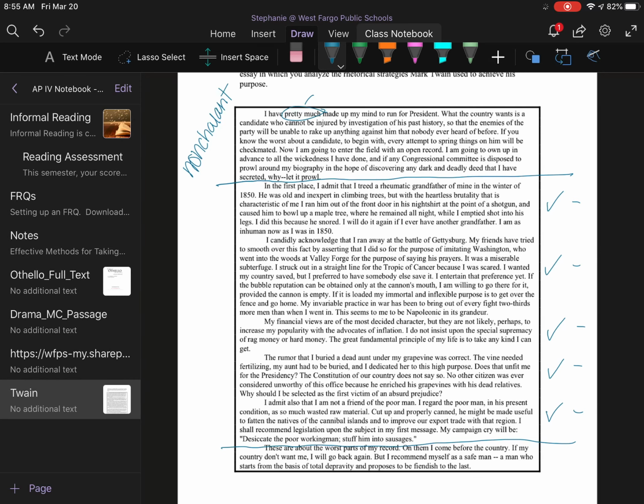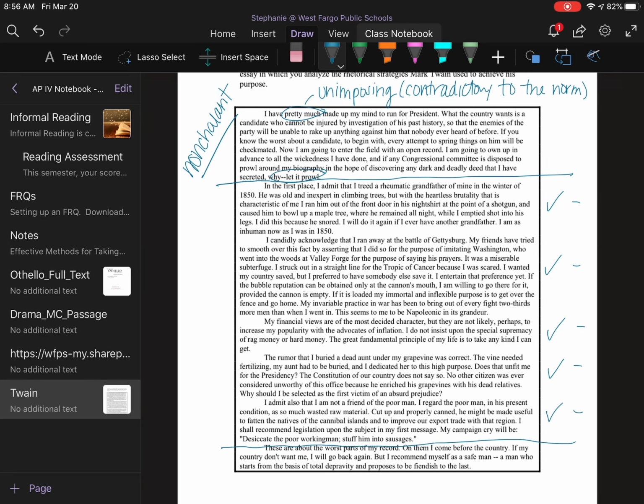So it's a very straightforward, unimposing way of announcing something like a presidential candidacy, which is contradictory to the norm, in that we know if someone says they're running for president, they don't usually say, well, I'm pretty much going to run for president, okay? So if I was going to analyze the use of nonchalant tone in this section, I would definitely refer to that diction, okay?